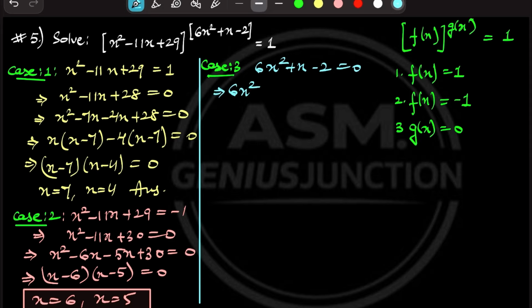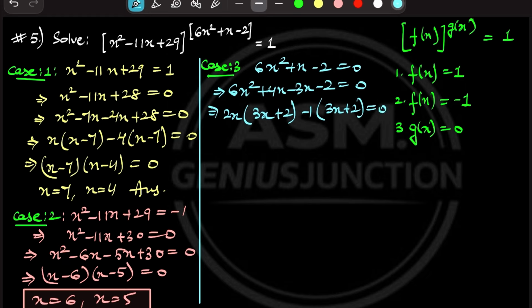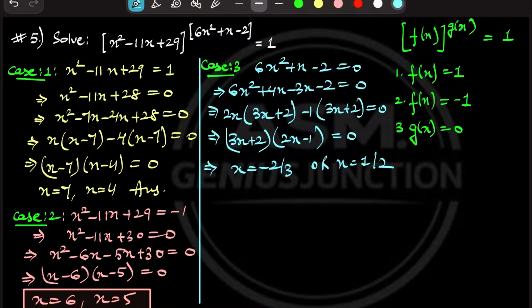So I will write 6x square plus 4x minus 3x minus 2 equals 0. I will take out 2x common, that is going to give me 3x plus 2, then minus 1 common, it is going to give me 3x plus 2. That is 3x plus 2 and 2x minus 1 equal to 0. This is x is equal to minus 2 over 3 or x equal to 1 over 2.